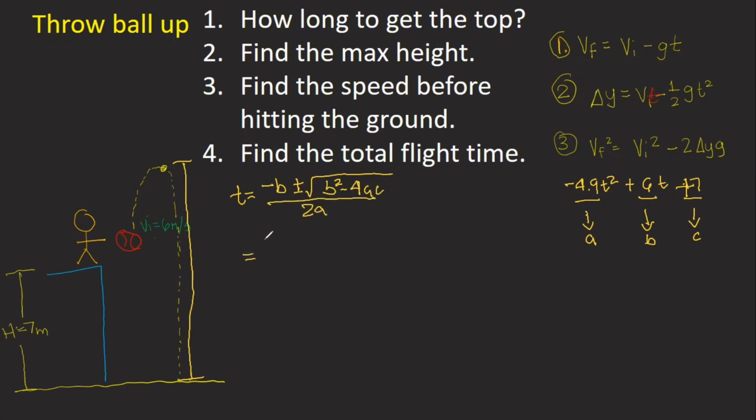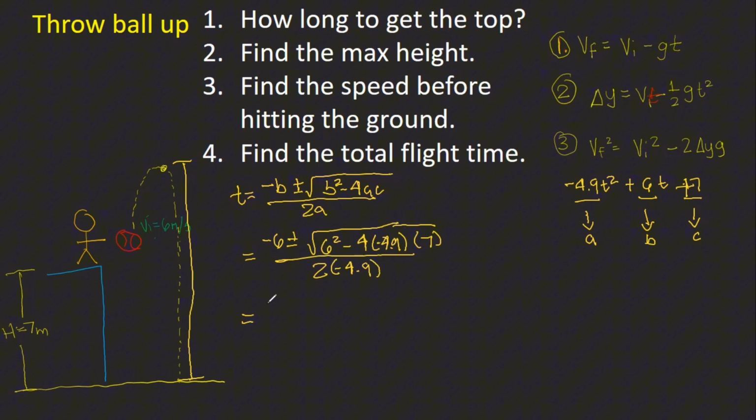Solve for it. So we have negative 6, substitute the values, plus or minus the square root of 6 squared minus 4 times negative 4.9 times 7, over 2 times negative 4.9.